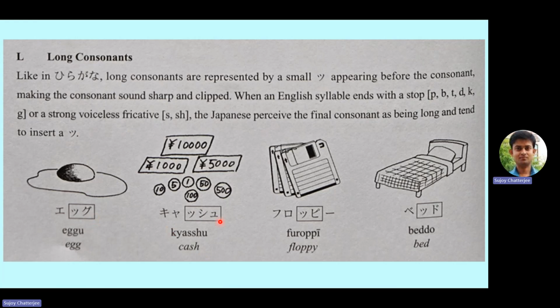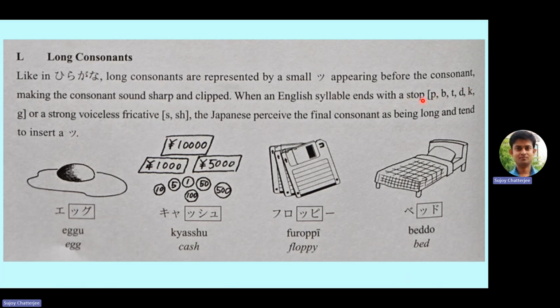Cash, cashu. So there is a double consonant here. Floppy, furopi. Bed, beddo. Then similarly, pet, petto. Note, notto. So in that way, the rule is that when an English syllable ends with a stop, P, B, T, D, K, so that means without any vowel, the English word ends in this.